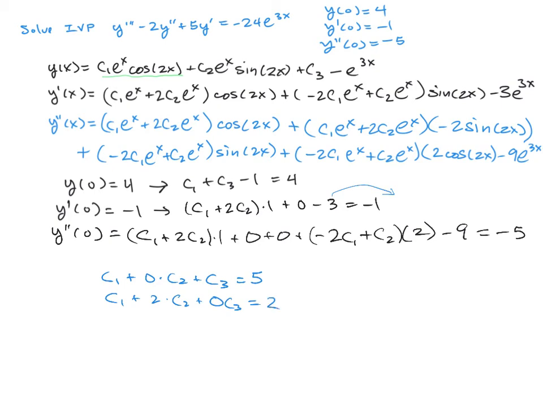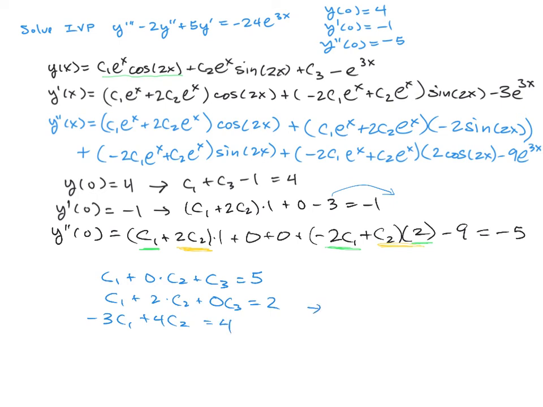And then the last equation says that I've got a c1 here, and then I've got a -4c1 here. So that's going to be a -3c1. And then I've got a 2c2 and another 2c2. That's going to make a 4c2. So plus 4c2. And then there's no c3 term, but then we add 9 to both sides. -5 plus 9 makes 4. So that's equal to 4.